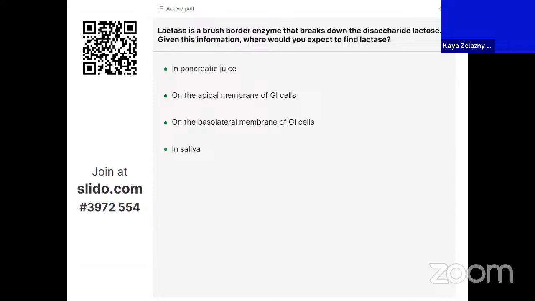So remembering what our digestive system looks like, I want you to let me know where you would find a brush border enzyme that could potentially break down lactose.